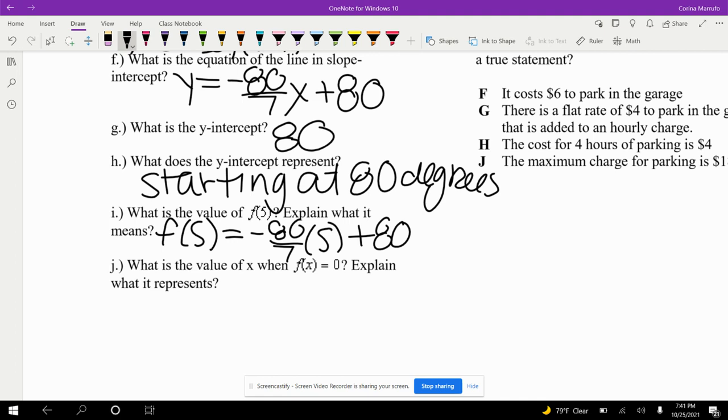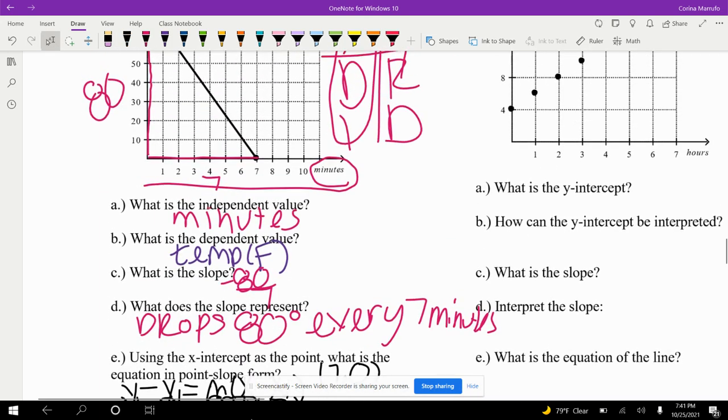This is going to give me 22.8. And it says explain what it means. So I ran out of space, but I'm going to explain it to you guys. That means that it's going to be 22.8 degrees outside in the car after 5 minutes. I believe it's in minutes, right? Yeah, it's in minutes.